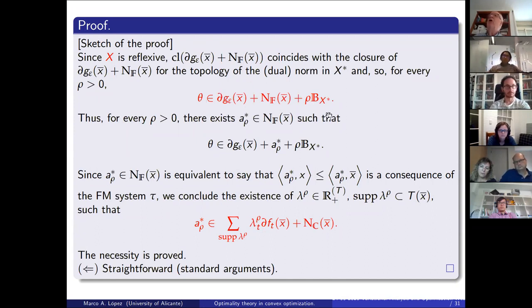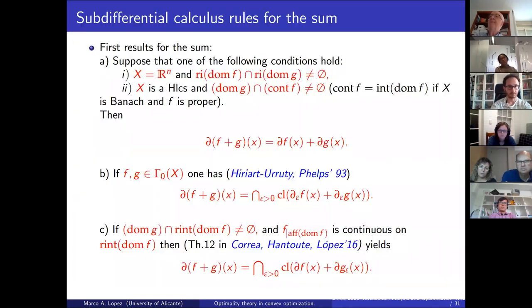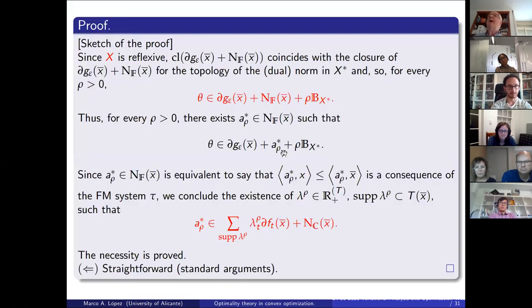That means that for every rho, 0 is here. Now the rest is very similar. That means that there must be one element here, a star rho, belonging to this normal cone, such that this relation holds. But this vector here belongs to the normal cone. Again, this is a consequence.